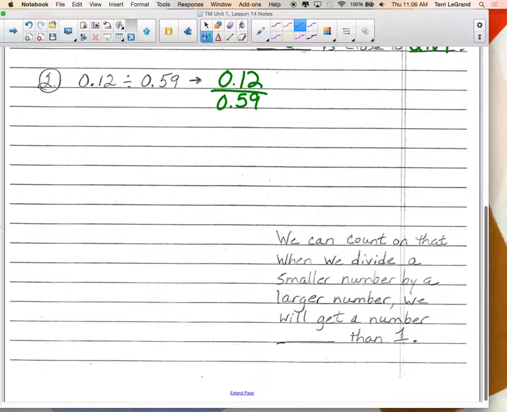So we want the 59 hundredths. We're going to multiply by 100. If we do that down, we have to do it up. Okay? 12 hundredths times 100 is 12. 59 hundredths times 100 is 59.